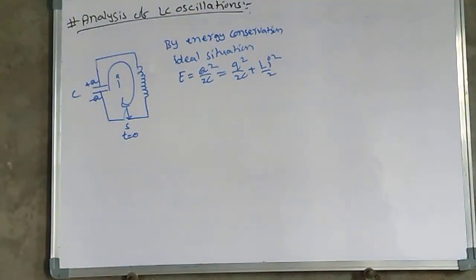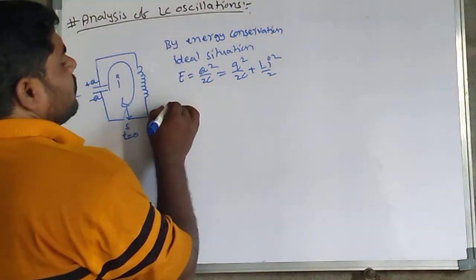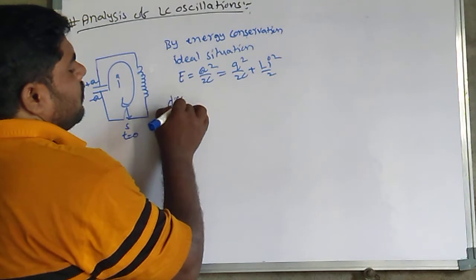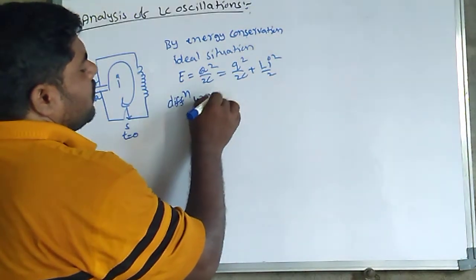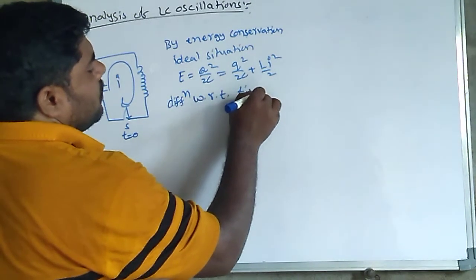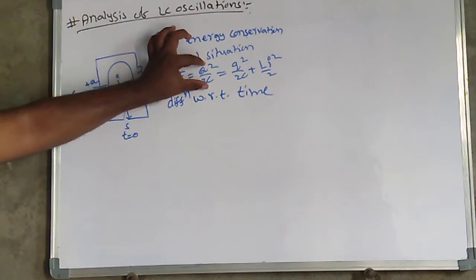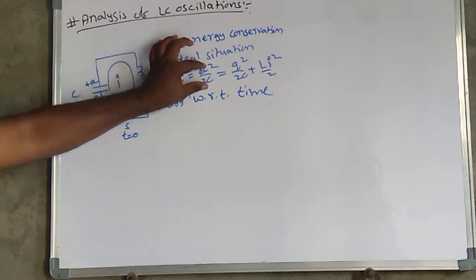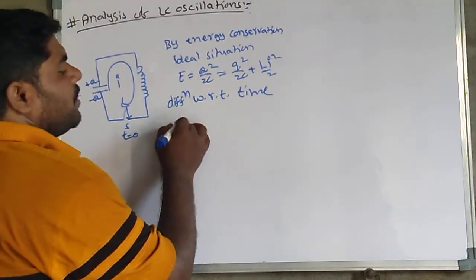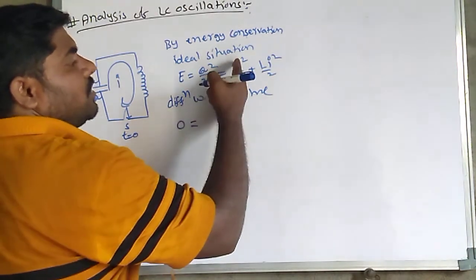Differentiate this equation with respect to time. The left side is a constant value, so its derivative is 0.